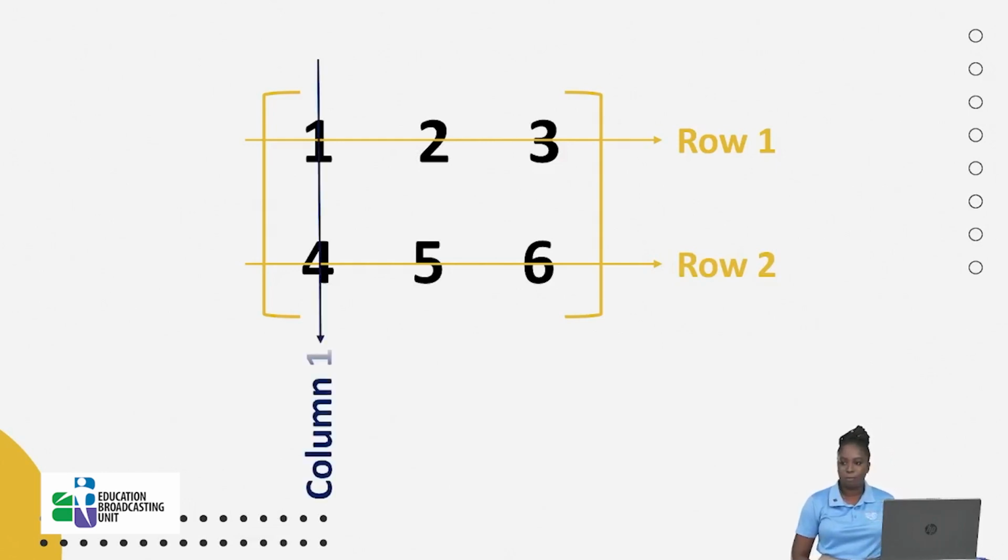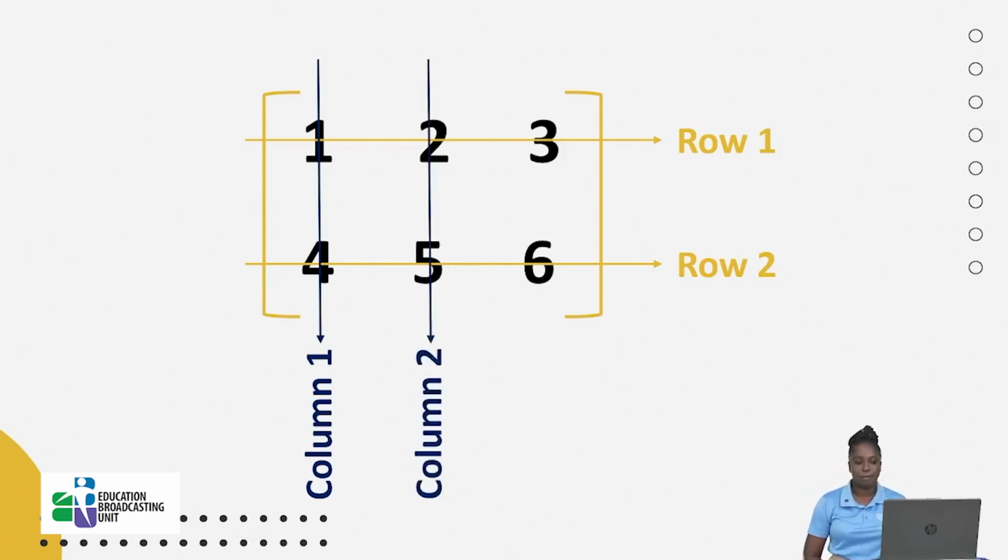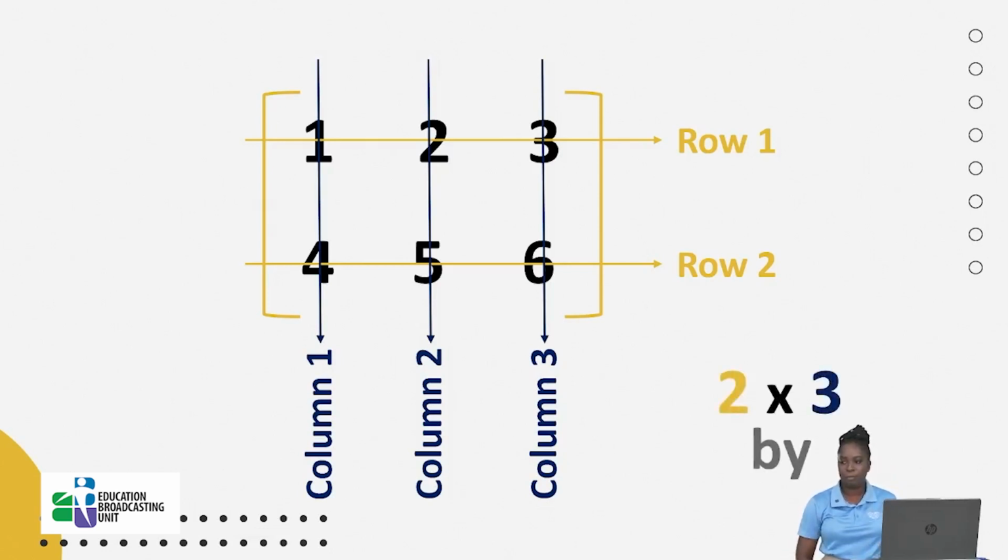And so 1 and 4 would be column 1. 2, 5 would be column 2. And 3, 6 would be column 3. So we can say that the order of the matrix is a 2 by 3. And what does that look like? It looks like a multiplication, but we don't read it as 2 times 3. We read it as 2 by 3.